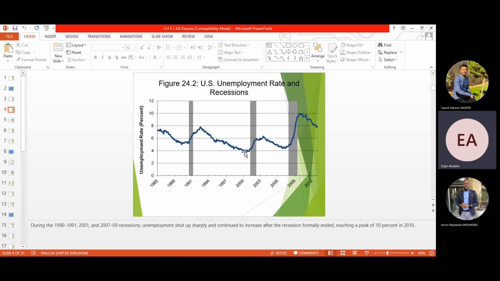And when you look at unemployment similarly, you have similarities. As I said to you, unemployment increased in the 90s, in 2000, and in the 2010 periods. You observe the unemployment rate heavily increased and enlarged during this period of time.